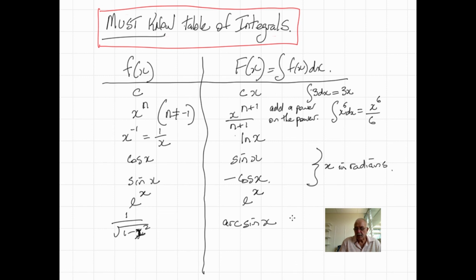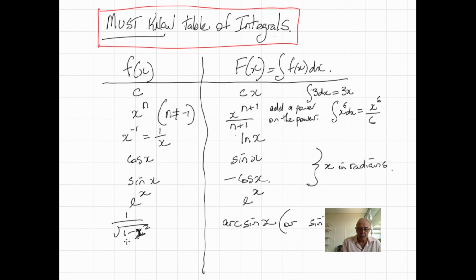Now arc sine x is sometimes written as sine to the minus 1 of x. Now, don't think that that is 1 on sine x. That's not 1 on sine x. Arc sine x is find the angle whose sine is x. So you can write it like that, or arc sine.